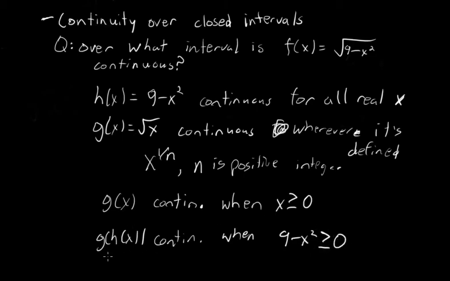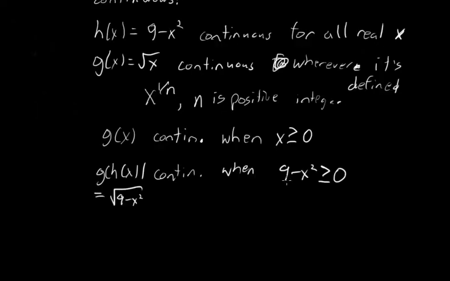The g of h of x is equal to the square root of 9 minus x squared, and that's the function we're interested in. So if we need 9 minus x squared to be greater than or equal to 0, then we also need x squared to be less than or equal to 9. When does this happen? Well, this happens when x is in the closed interval -3 to +3.